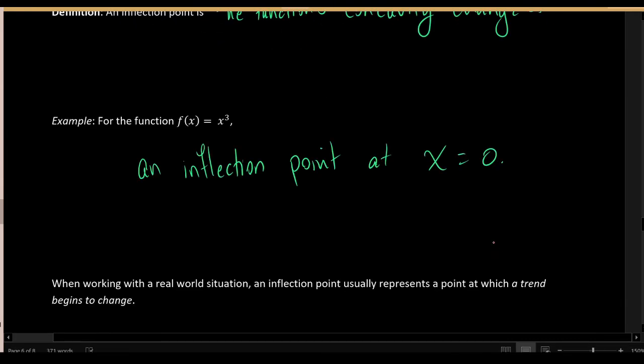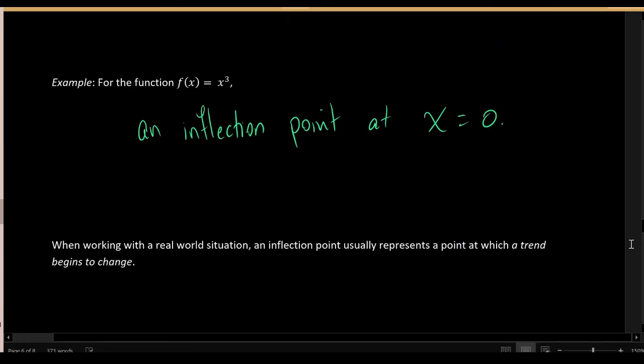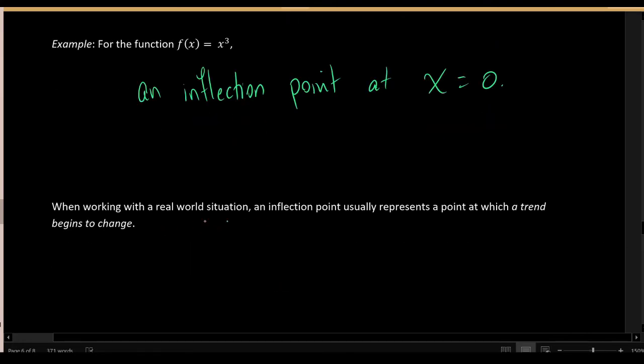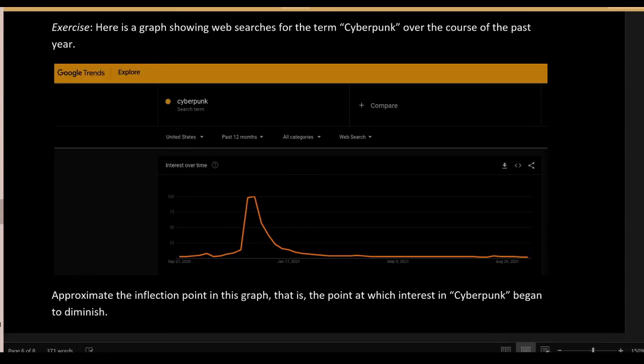Now, what is important, what is interesting about inflection points is that when you're dealing with a graph representing a real-world situation, inflection points usually tell you, roughly speaking, when a trend begins to change. So Google Trends is a great source of examples of this, and in this particular problem, we're looking at the example of the Google Trends of how many people have searched for the word cyberpunk.